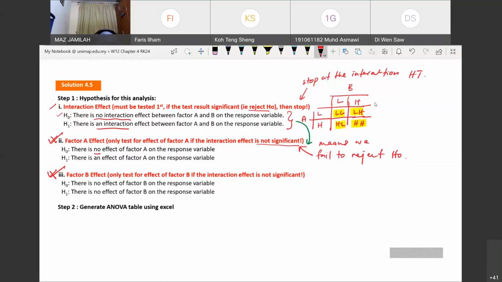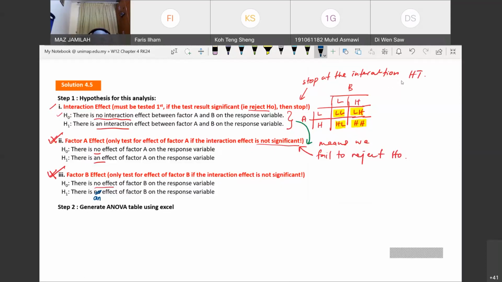The same goes for factor B: the null is no effect, the alternative is there is an effect of factor B on the response variable. That will be your hypothesis statement.